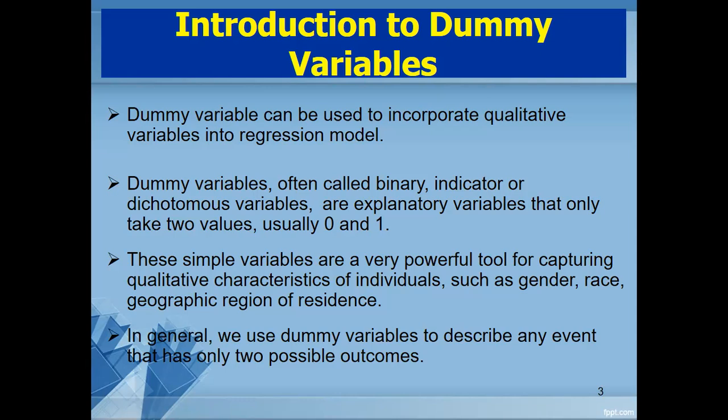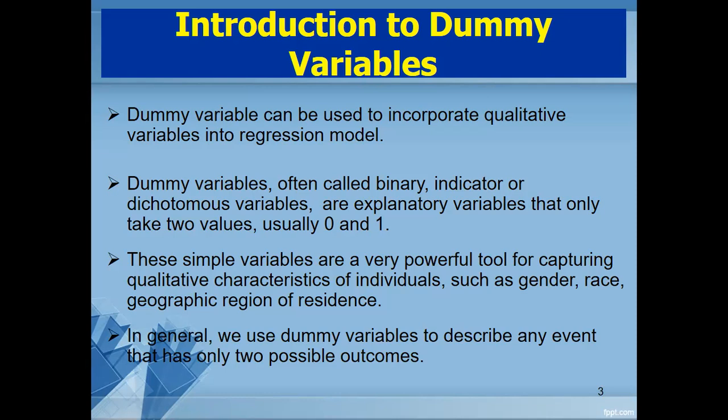So what we are going to do is use this dummy variable, and we are going to transform this qualitative variable into a quantitative variable by assigning 0 and 1, right? That's why the dummy variable is known as a binary variable or an indicator variable.